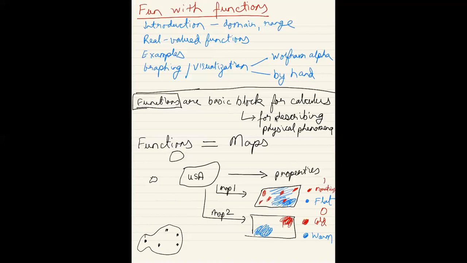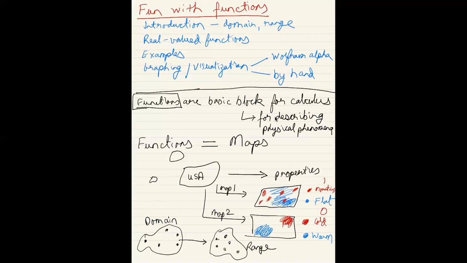So this first set of numbers is called a domain, and a function is a map that takes you from this domain to another set of numbers called a range. And in this range, you will have another set of values.